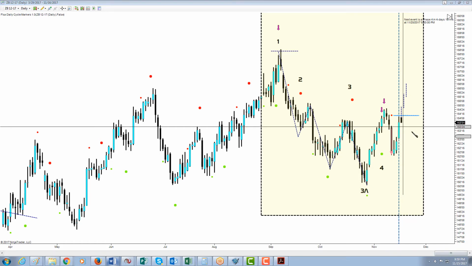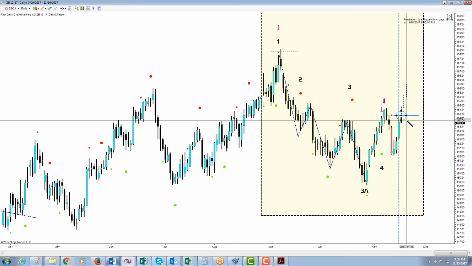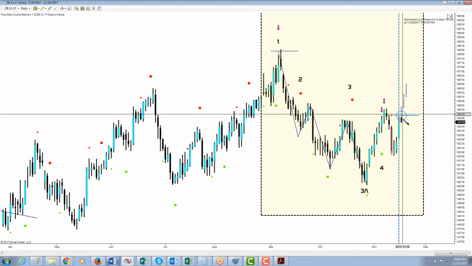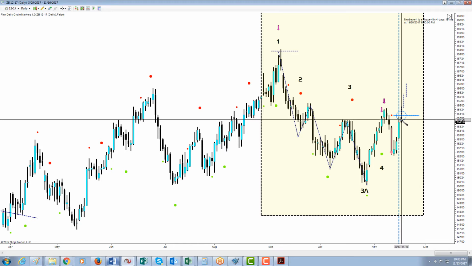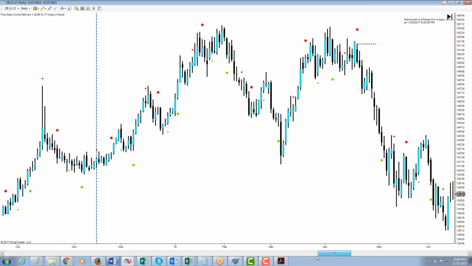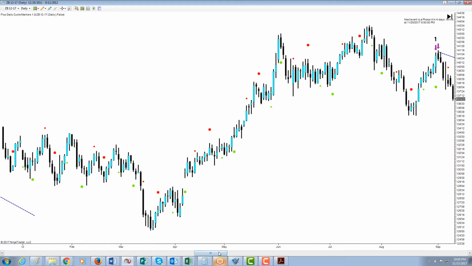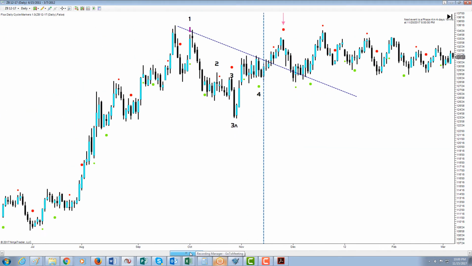Tomorrow is Thursday. We don't know what will happen when it closes above, or if it ever closes above, that red dot. So this is an important point in the cycle right here in relation to the current cycle that we're studying. Okay. So we'll go a little further back.